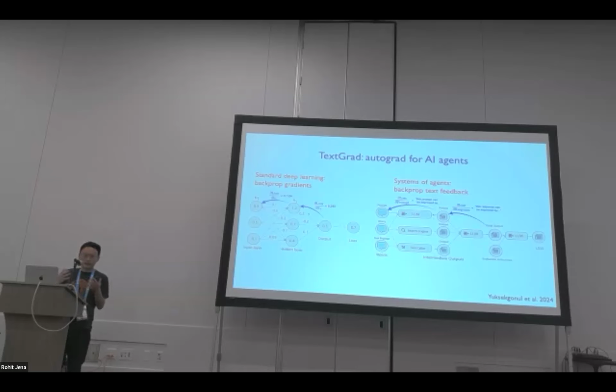The models themselves are black box models that we cannot optimize through gradients. So I'm quite excited about what we call TextGrad, which is basically a framework like PyTorch for text. We want to automatically optimize all of these systems of agents by backpropagating text feedback.